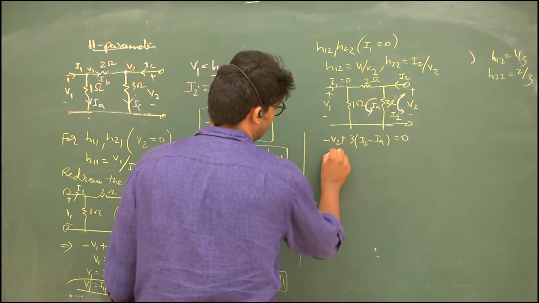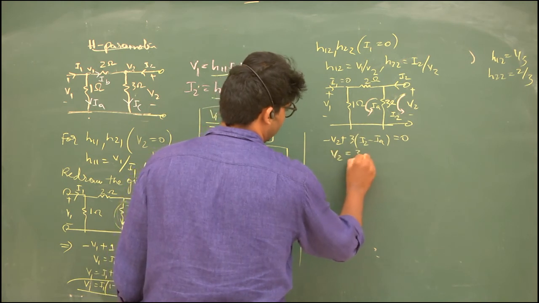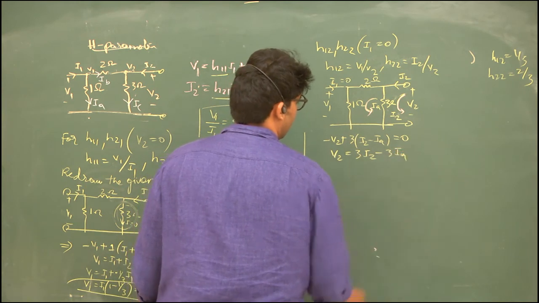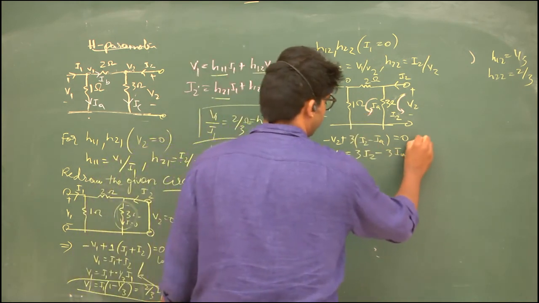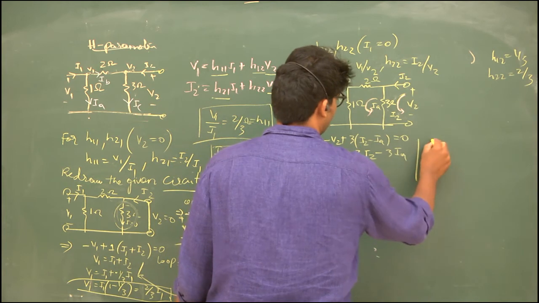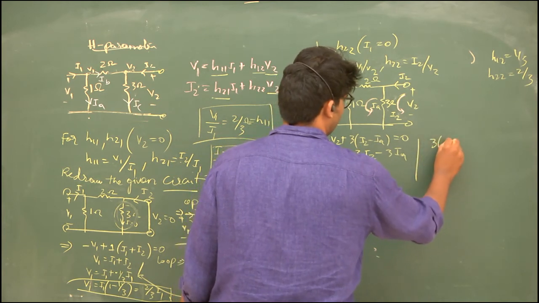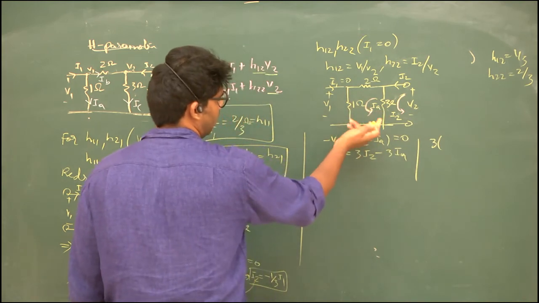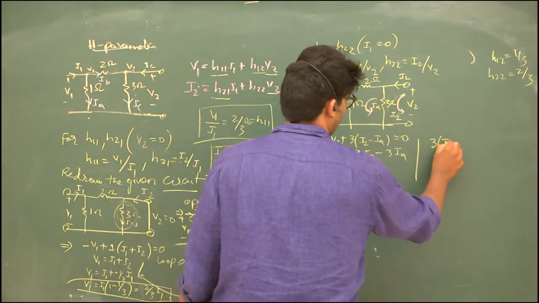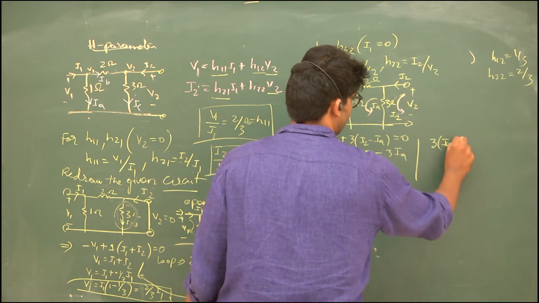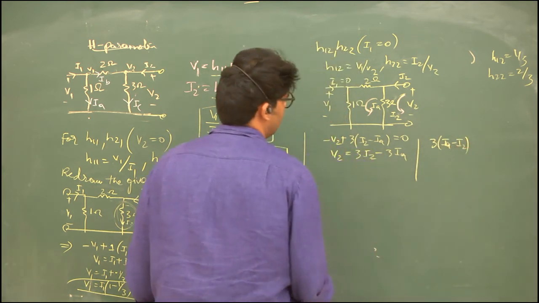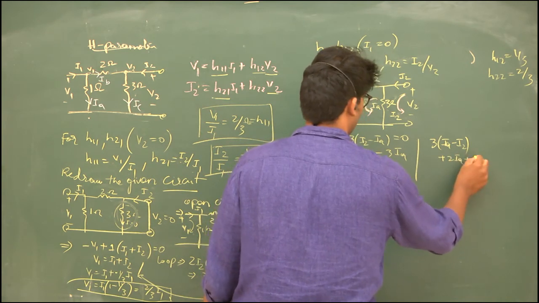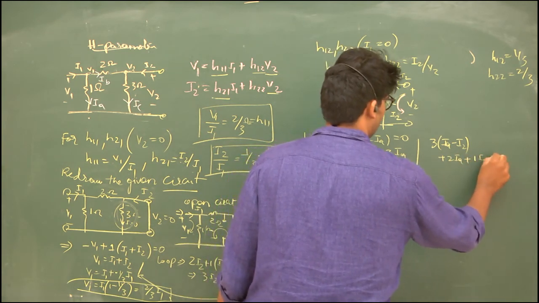Now we get V2 equal to 3 I2 minus 3 IA, and from the other loop equation, in the anti-clockwise direction, 3 into IA minus I2 plus 2IA plus 1IA equal to 0.